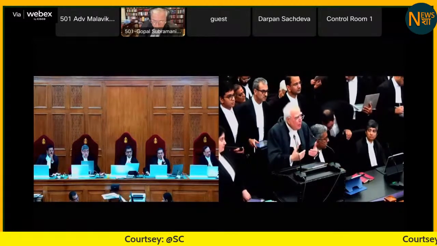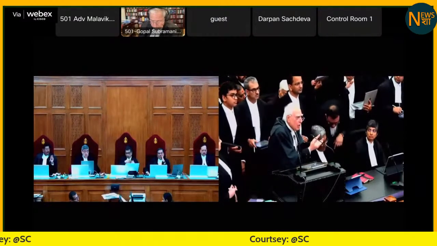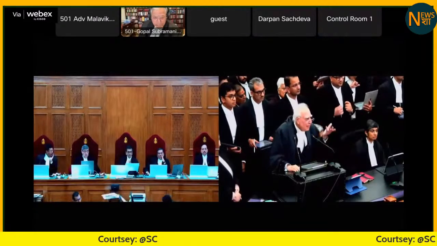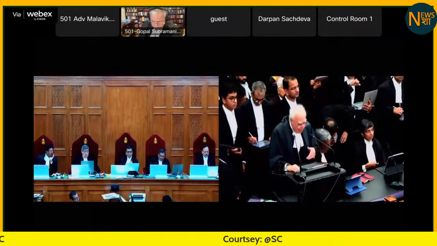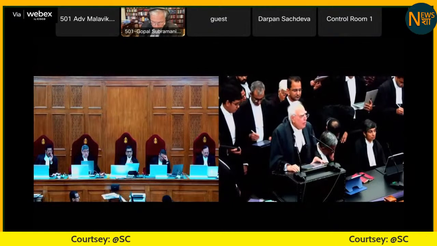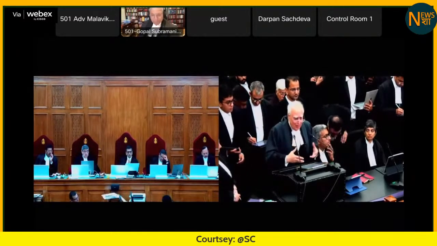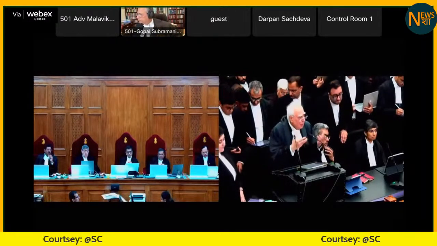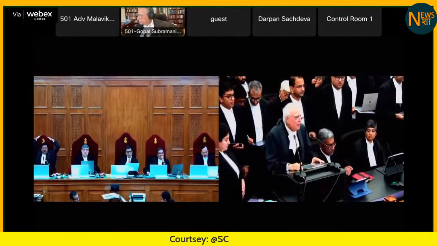We're at a stage, Malad, where a CO is issued. The constituent assembly is untrammeled. That's right. It's as if it is working on a clean slate. That's correct. Absolutely. And the judgment says so, Malad, that it's not bound by anything. Bound by the representatives of the Constituent Assembly who have common aspirations to draft a constitution for the future of the people of the country.